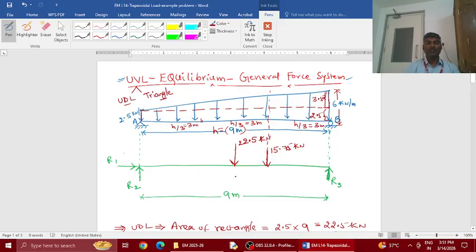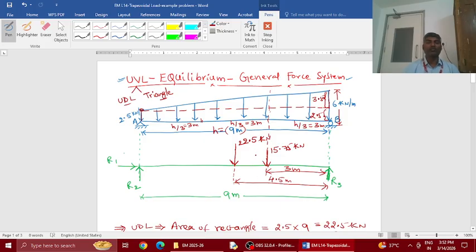Now the distances you see: for the uniform force, it is half the 9 meters, like 4.5 meters. For the triangular force, it is 3 meters from here, or 2h by 3 from the apex. This will be the apex of the triangle, 2h by 3.